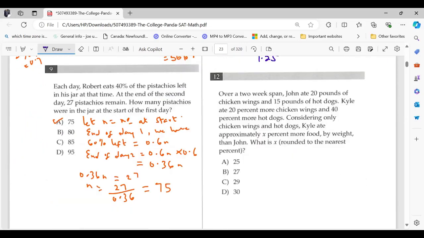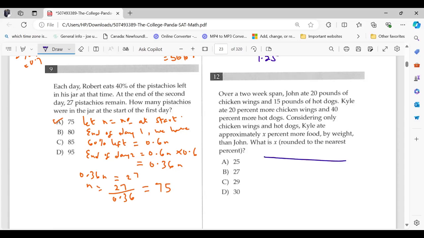Question number 12. Over a 2-week span, John ate 20 pounds of chicken wings and 15 pounds of hot dogs. So Kelly ate 20% more. Now let's look at John.